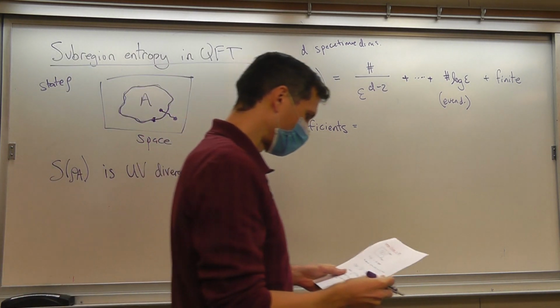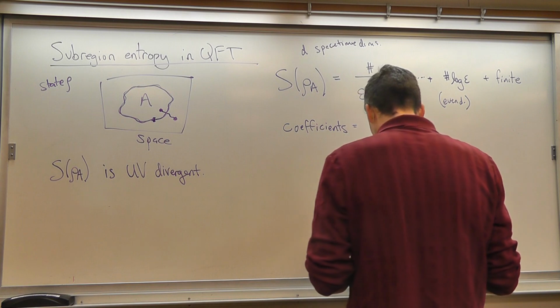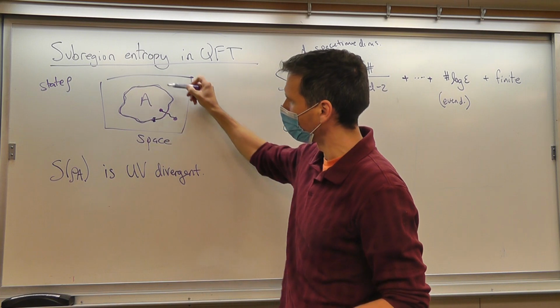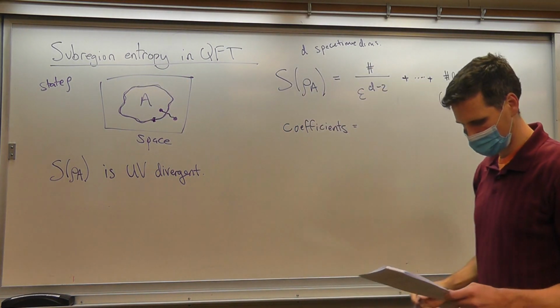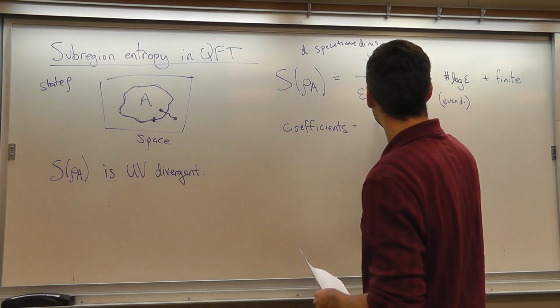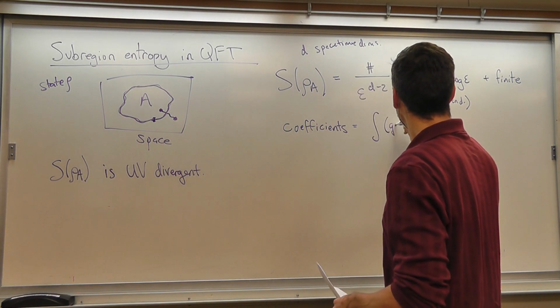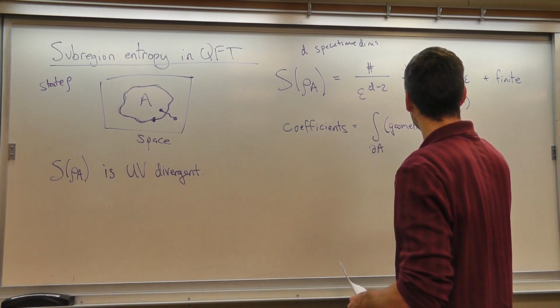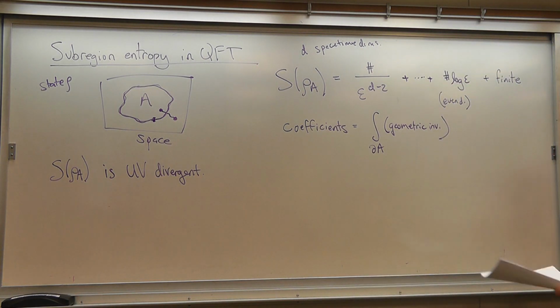So these coefficients can only depend on the shape of the cutoff surface. They can only depend on the shape of this surface. So it's an integral over dA of some geometric invariant, like the extrinsic curvature of A and stuff like that.